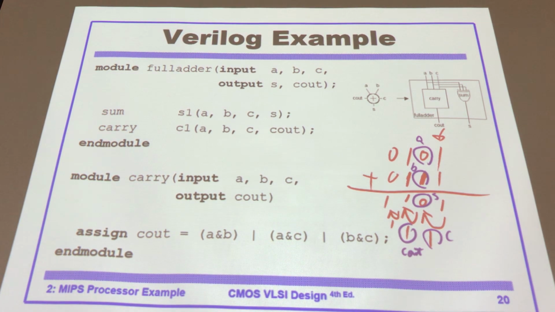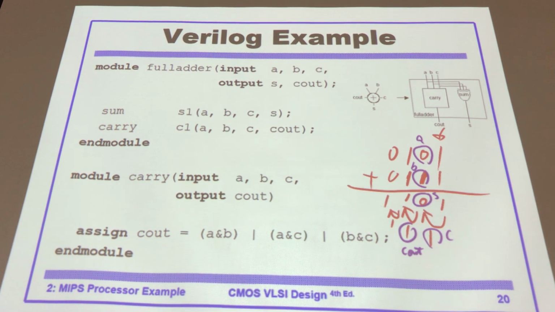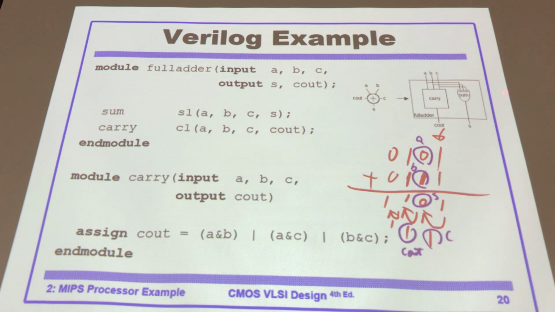So how do you design it? There are 2 parts. Inside, one is for generating the carry out, and the other is for generating the sum. For sum, we use the XOR gate, a 3-input XOR gate, because only when there is an odd number of 1s do you get 1 for the sum.